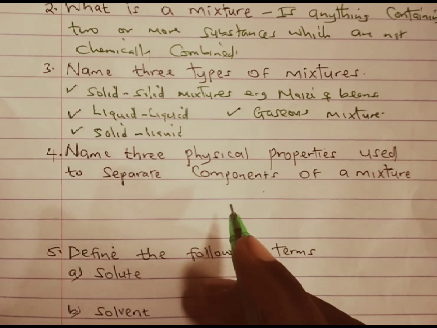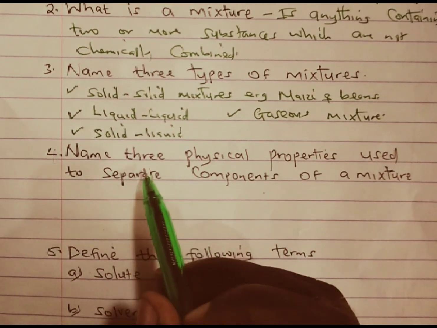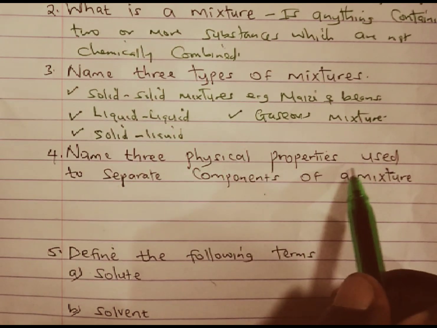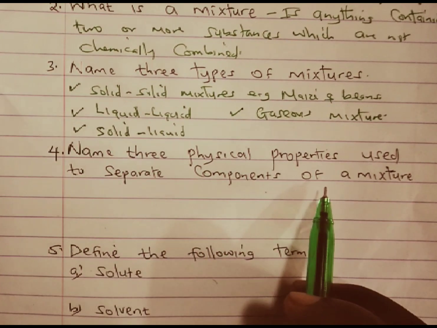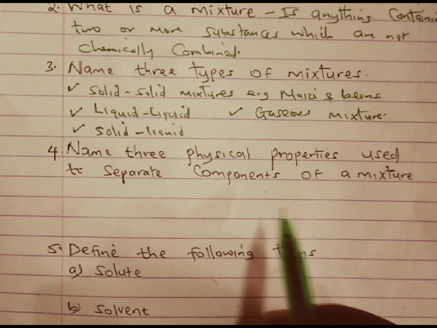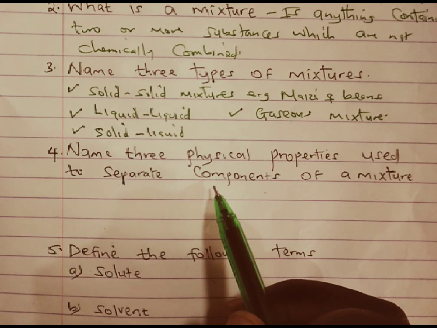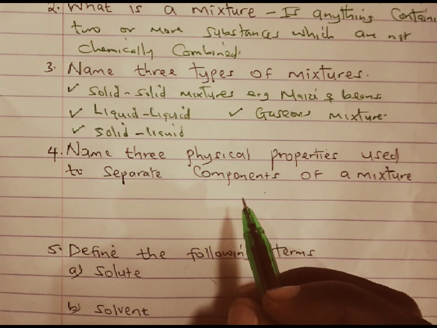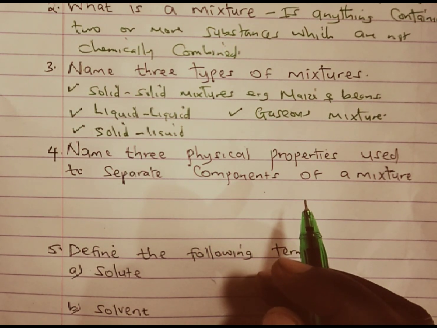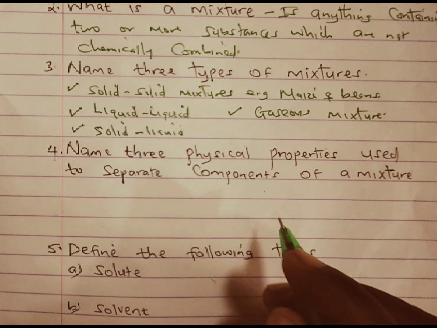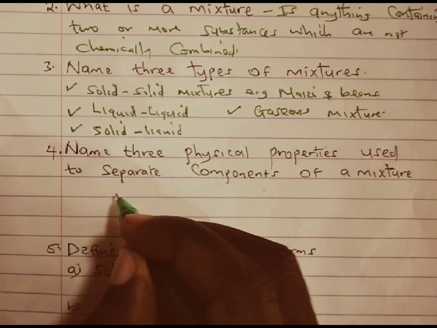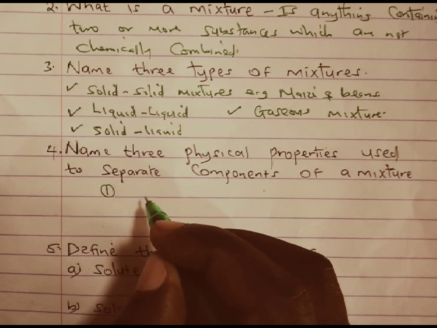We go to question number 4. Name 3 physical properties used to separate components of a mixture. We said in Form 1 that the method used to separate a mixture depends on the size of the particles, but we have 3 physical properties that we rely on, and one of those is solubility.